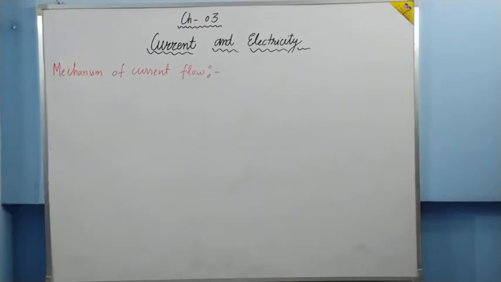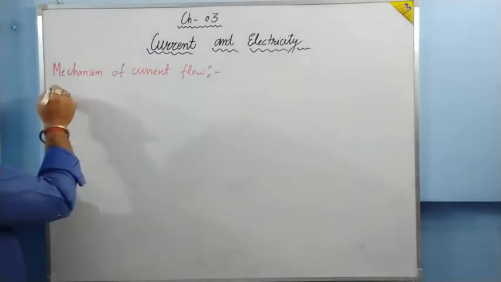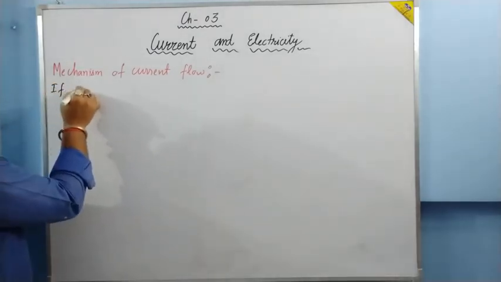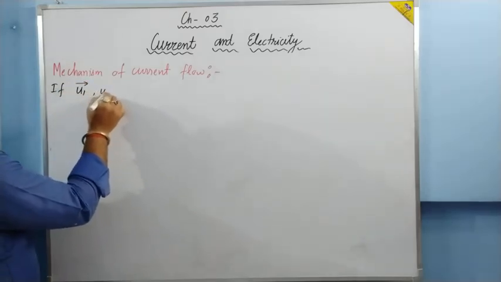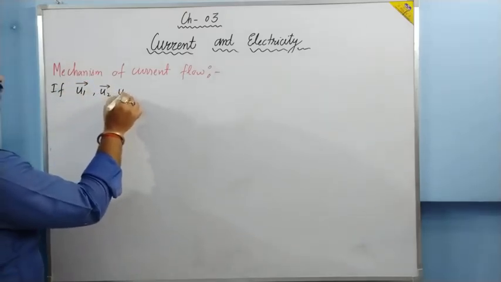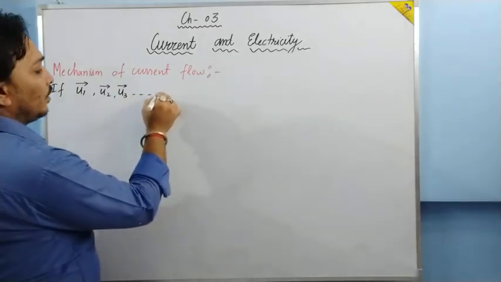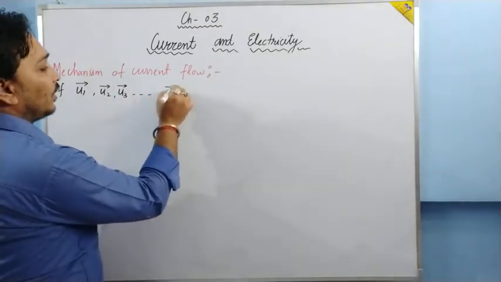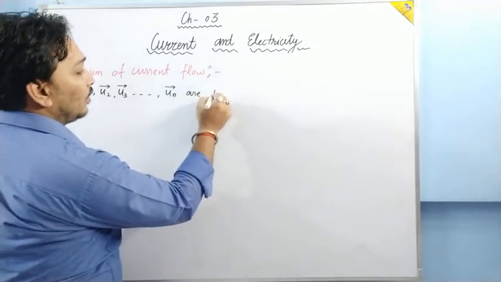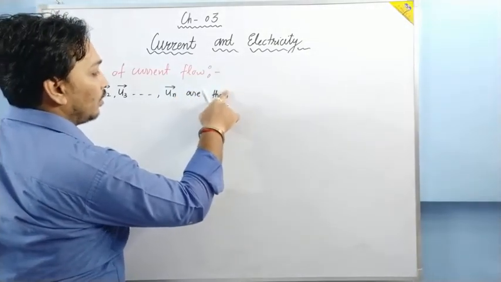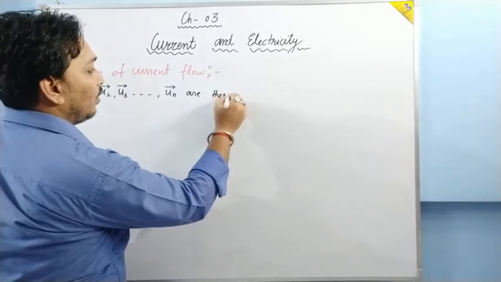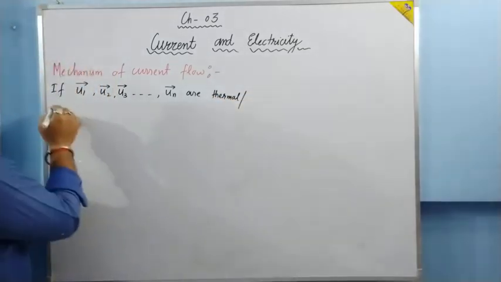Okay. Now, just suppose u1 vector, u2 vector, u3 vector, and so on. Suppose for n collisions we are taking the thermal initial velocities.